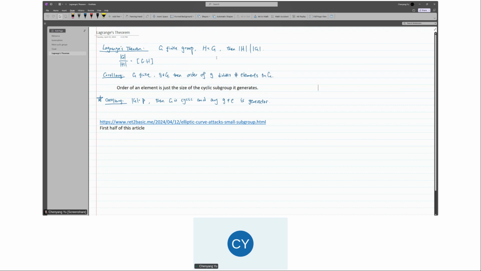I didn't find a proof of it, but I think the idea of proving it is to think of g as a generator of some cyclic subgroup, because you can always construct a cyclic subgroup.